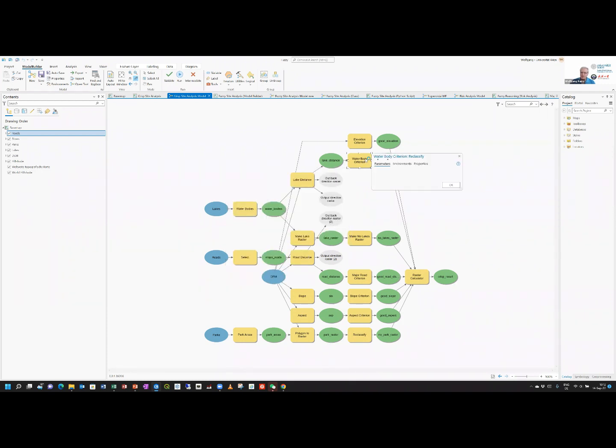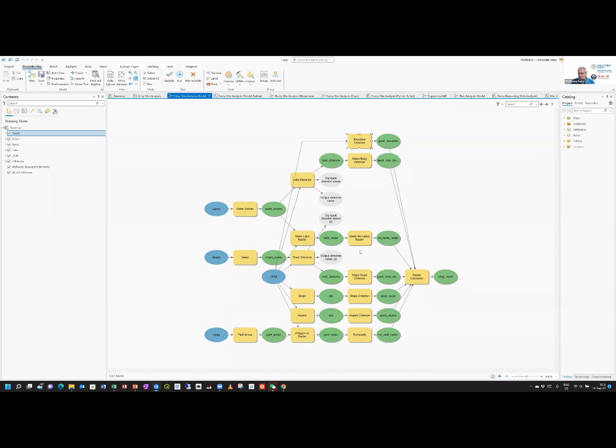And then we apply our criterion and saying everything within 0 and 1000 meters from the water body gets a 1, meaning it's okay, and everything else will get a 0. The same we do for the elevation criterion. We say everything up to 2000 is okay, and everything more than 2000 meter of elevation is not okay, and so on and so on.